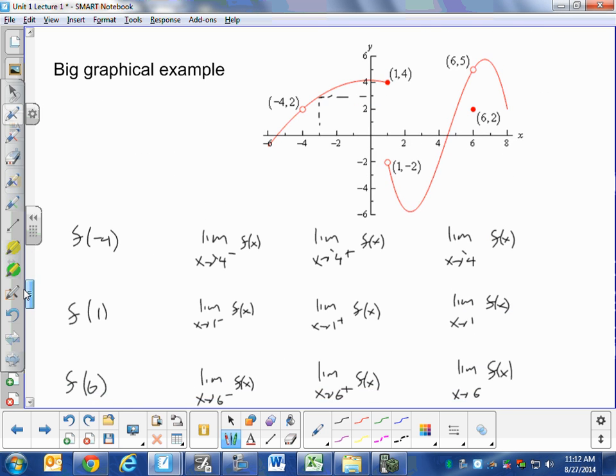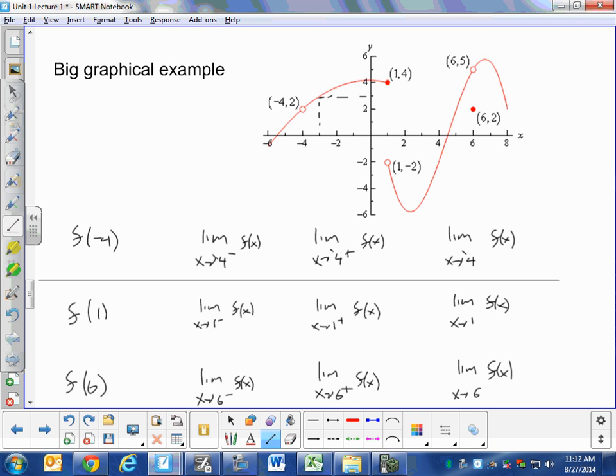Here's a big example. You do not necessarily have to copy it down. There are kind of 4 questions for each location that we're going to focus on. So this is all questions about -4.